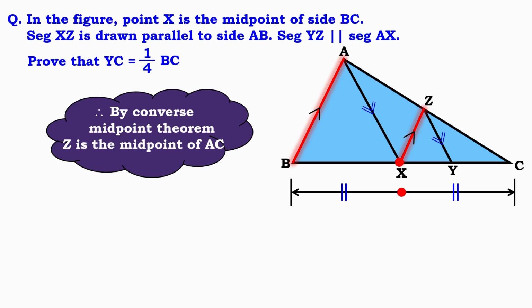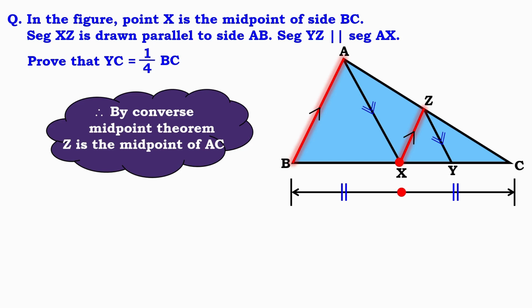In the midpoint theorem, it says that if we join the midpoints of two sides, then the line segment will be parallel to the third side and half of it. Like XZ will be parallel to AB and also XZ will be half of AB.